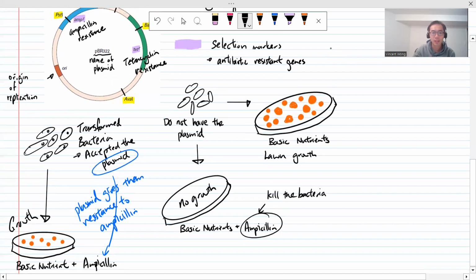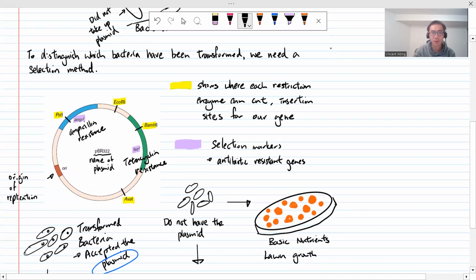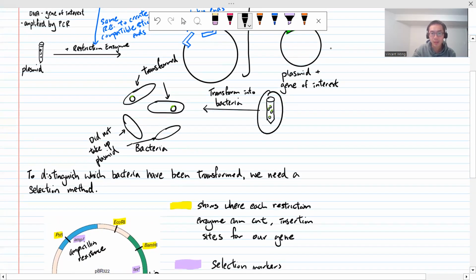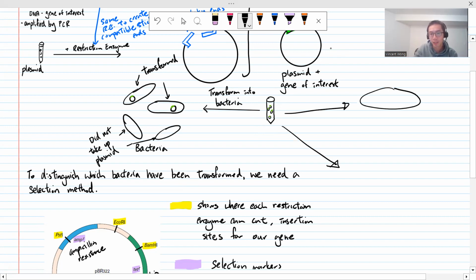Now, if you're still with me, let's go back to our experiment. So over here, this tube contains bacteria that are transformed as well as bacteria that did not take up the plasmid. It's a mix of them. So what happens if you take this and put it into the plates?